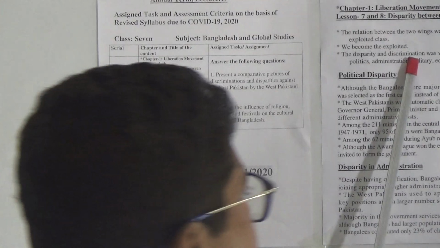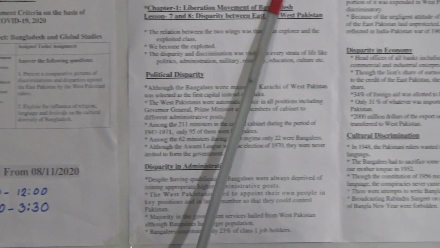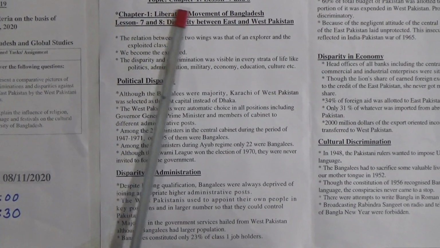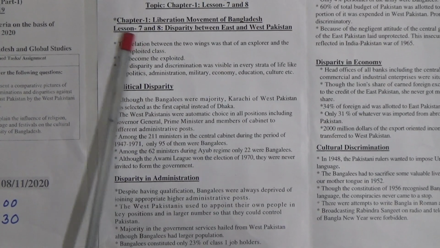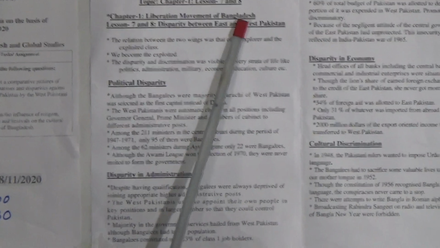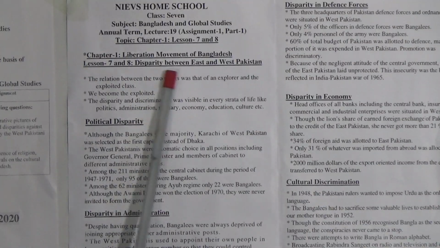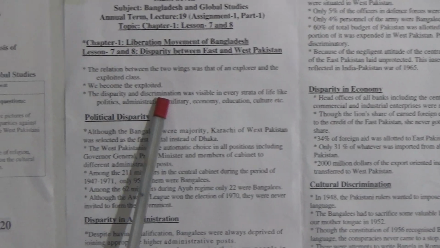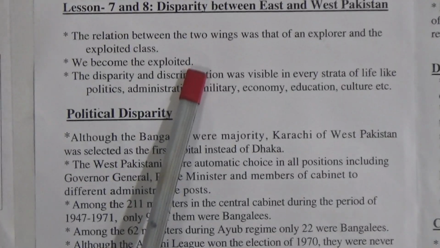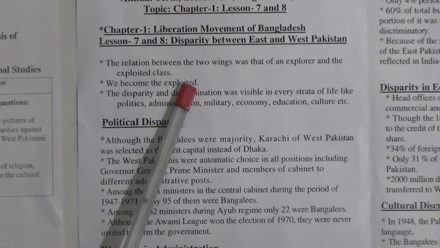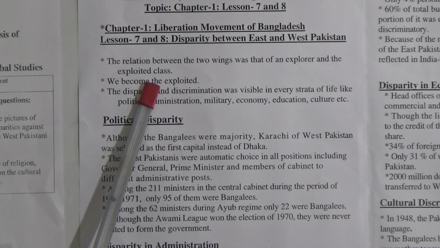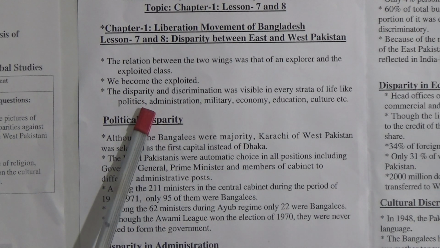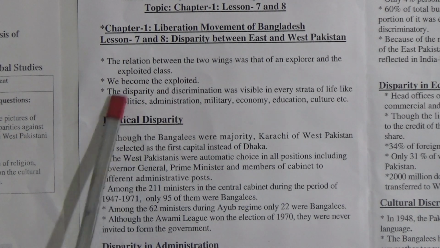So my dear students, let's go. We will discuss today question number 1 of this part 1, topic chapter 1, lesson 7 and 8. Chapter 1, Liberation Movement of Bangladesh, lesson 7 and 8, Disparity between East and West Pakistan. So we will discuss the number 1 question: present a comparative picture of discrimination and disparities against East Pakistan by the West Pakistani rulers.